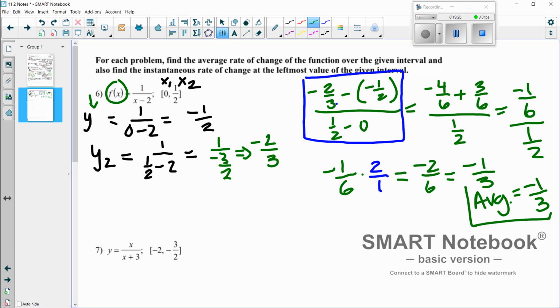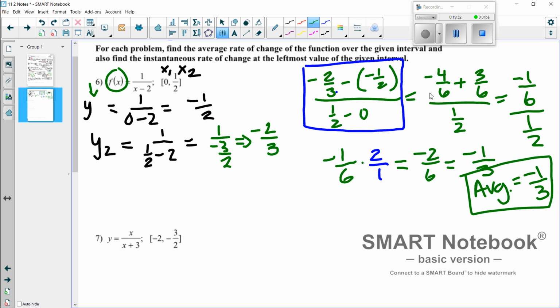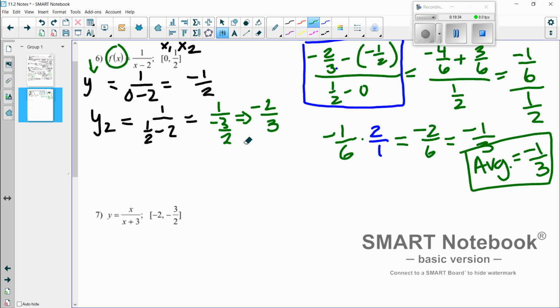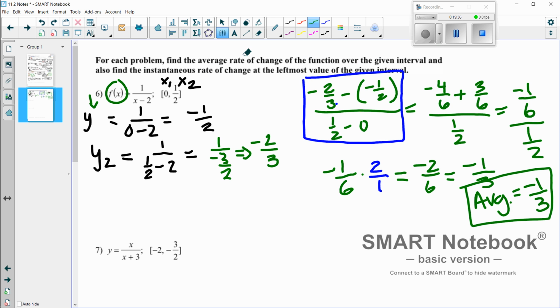And what we now have to do is do the other one, which is the instantaneous, right? So we have to take the derivative and then plug in the leftmost value of the interval, which is 0 in this case. Okay, so plugging in is going to be nice, but we still got to get that derivative. So let's do that, okay? And what I'm going to notate it as is f prime. Okay, so f prime of 0, well, let's just do f prime first, right?